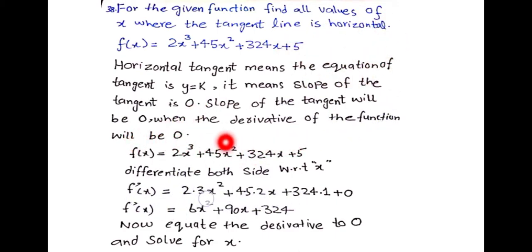So the derivative of 2x cube is 6x square, and the derivative of 45x square is 90x, plus 324, and the derivative of a constant term is 0. Now we equate the derivative to 0 to solve for x.